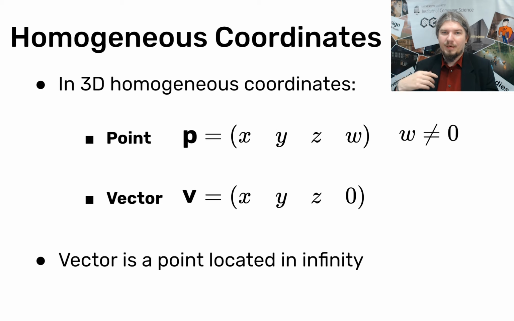And you will see in the practice session that in the GLSL shader code that we talked about previously in the materials, there is this suspicious 1 at the end of a 4-dimensional vector. So this is what it's there for. It moves a 3-dimensional point into these 3D homogeneous coordinates.